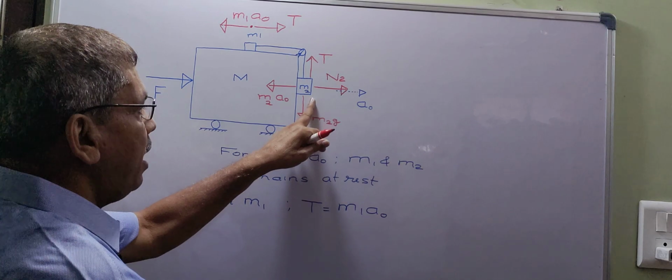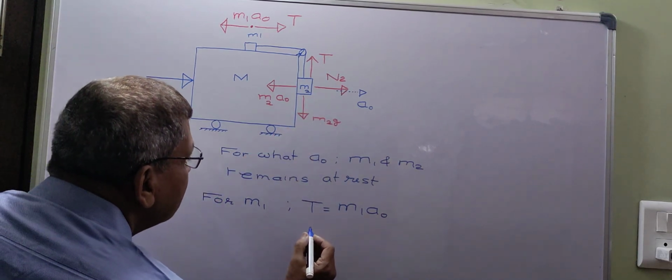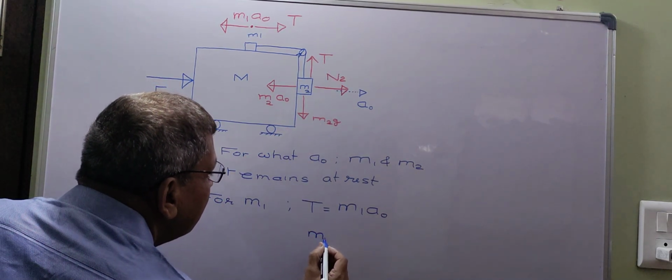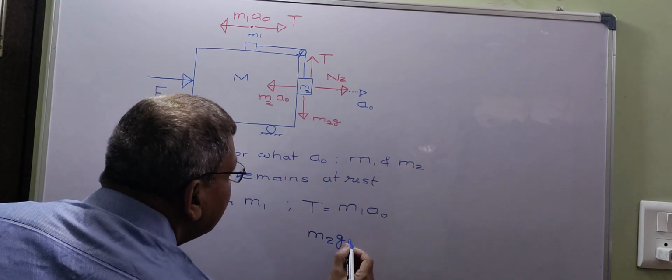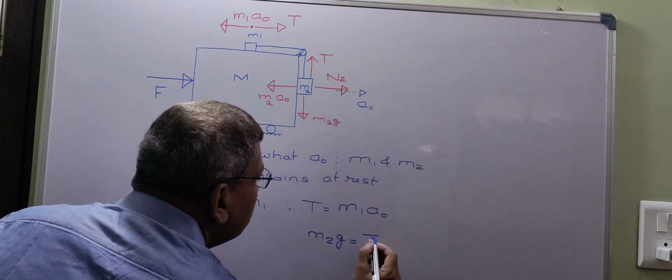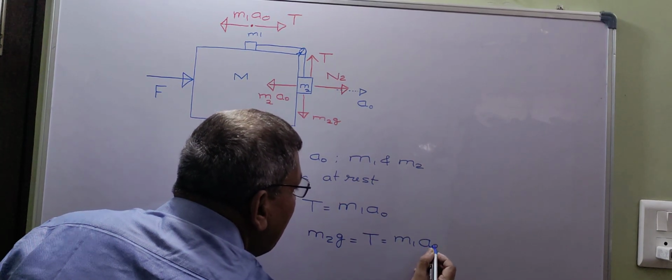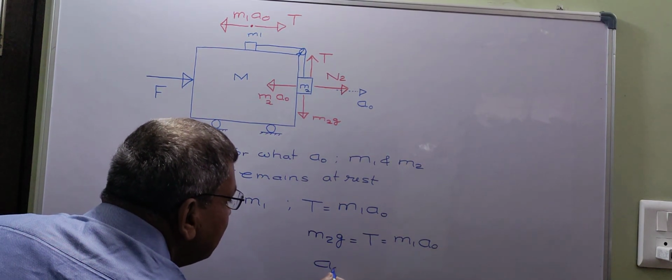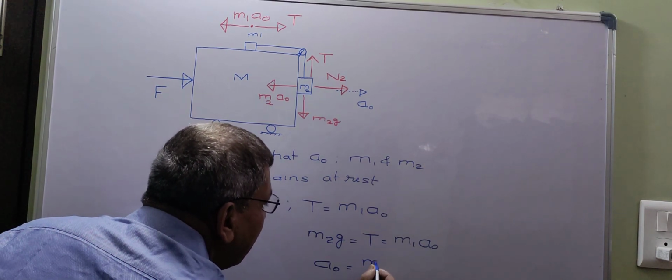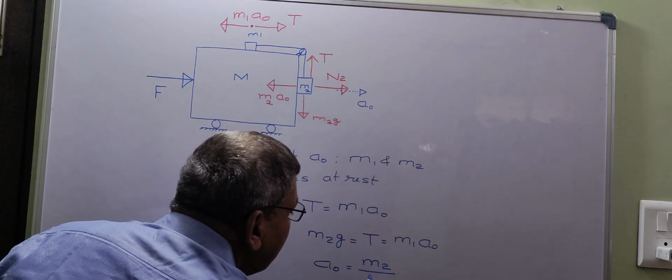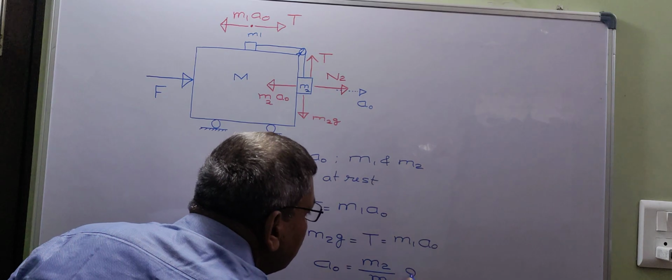Similarly, for M2, M2G is acting in downward direction and T is acting upward, so both these will be equal, or I can say M1A0 equals M2G. Then the acceleration A0 should be equal to M2 by M1 into G.